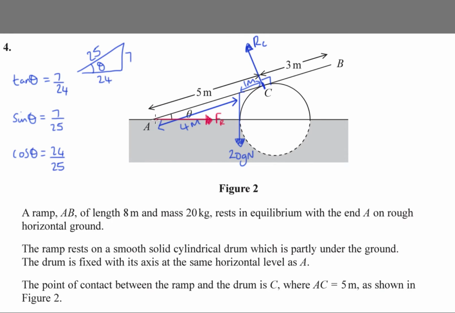The reaction at A is going to be perpendicular to the surface, so I'm going to call that RA, and that's what we're being asked to find. We're being asked to find the magnitude of that force. So we've got loads of information on there.